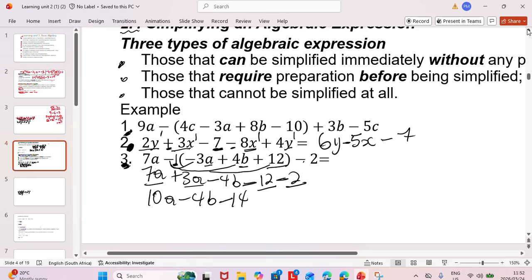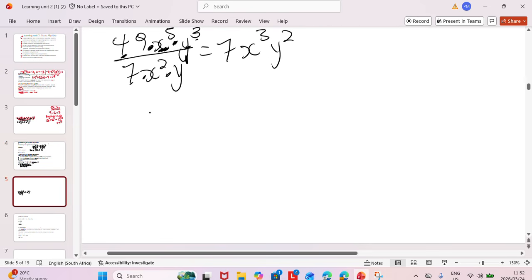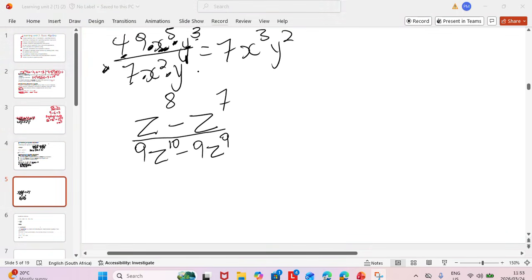Something complex. Okay guys, here's another example. Please make sure that you pay attention. Here you are going to factorize first before you simplify. So this is what we need to do.